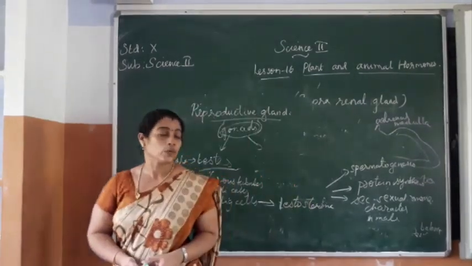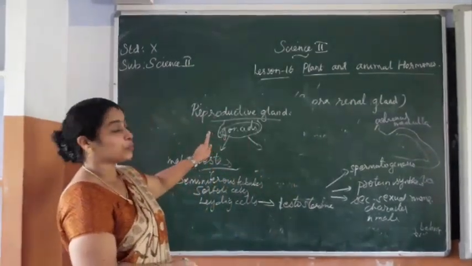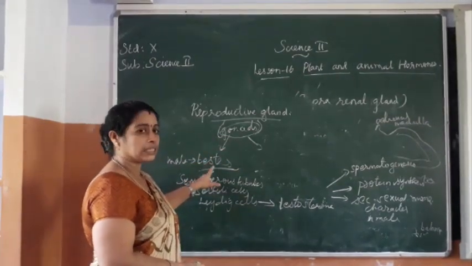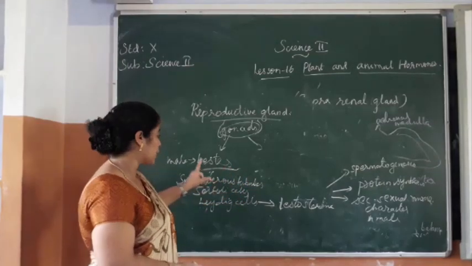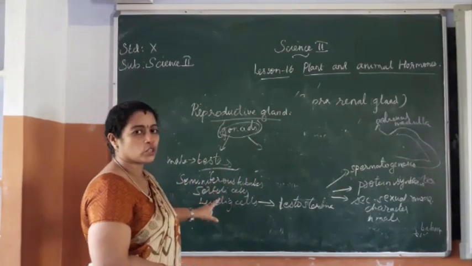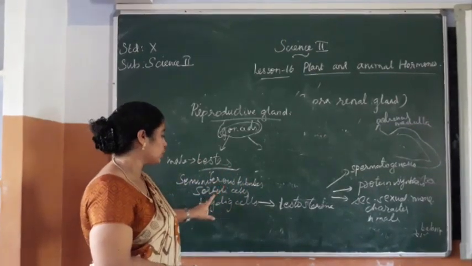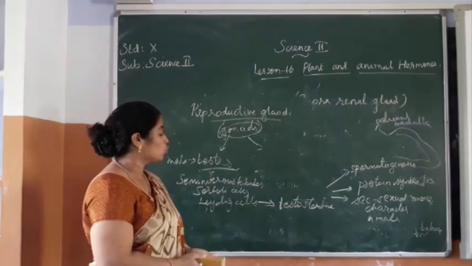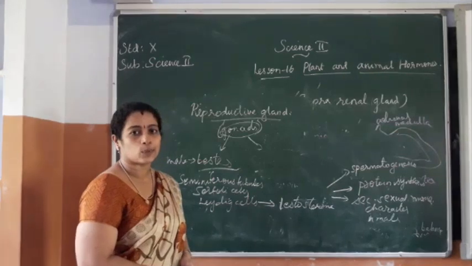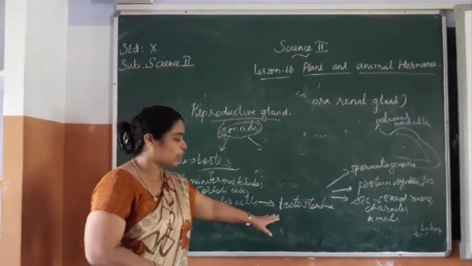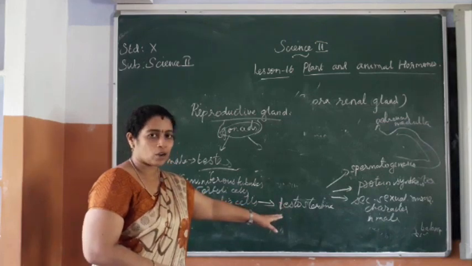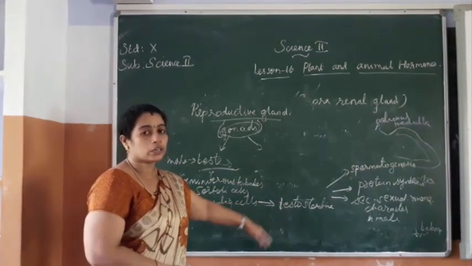So let us see once again. There are gonads, the reproductive glands. In the male it is known as testis, and in the female it is known as ovary. The testis consists of three parts: seminiferous tubules, Sertoli cells, and Leydig cells. Among these, Leydig cells are responsible for the production of the male hormone known as testosterone. What are the functions?